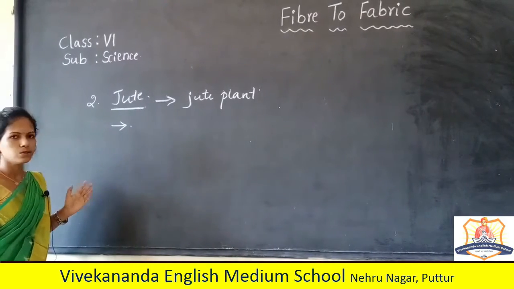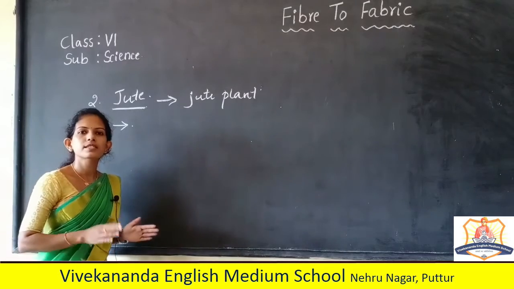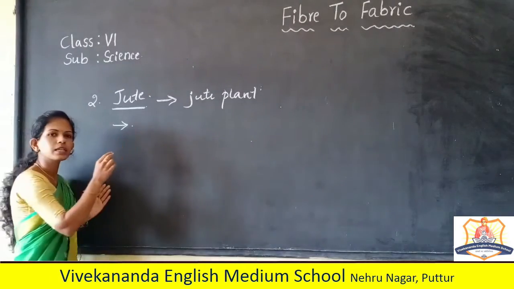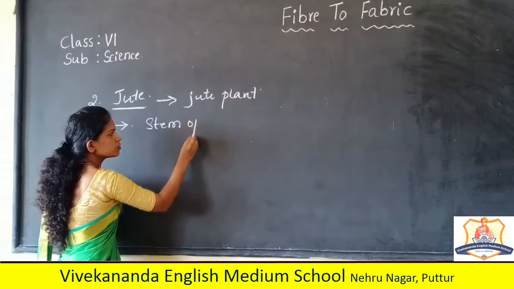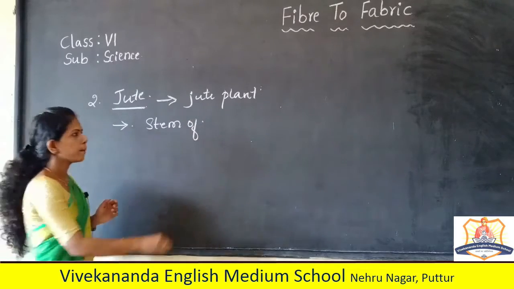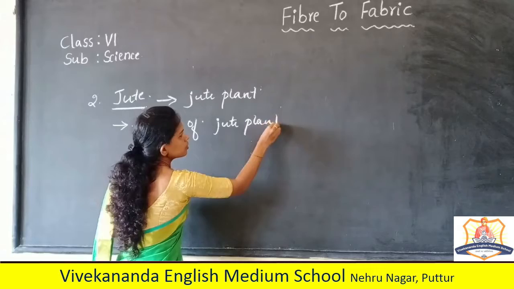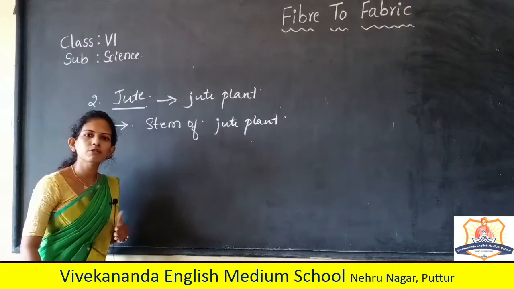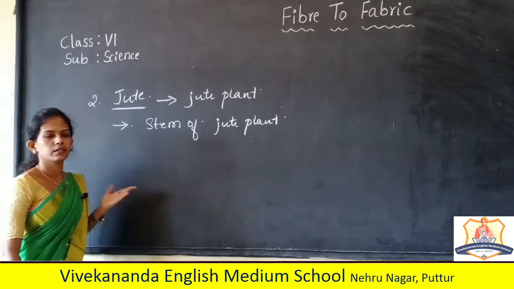Jute is a fiber that is obtained from the stem of the jute plant, not from the fruit part or the flower part, but from the stem of the plant.